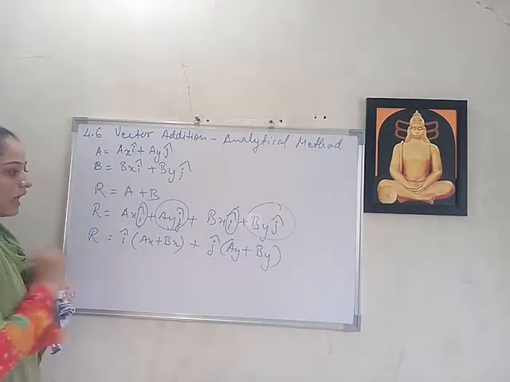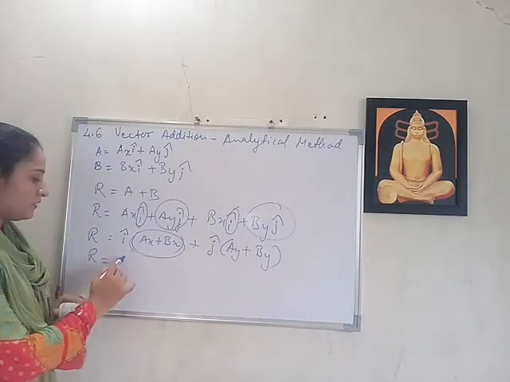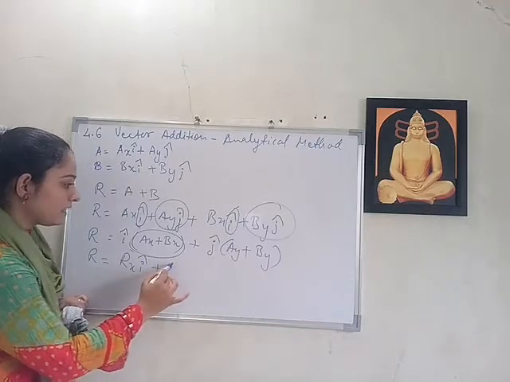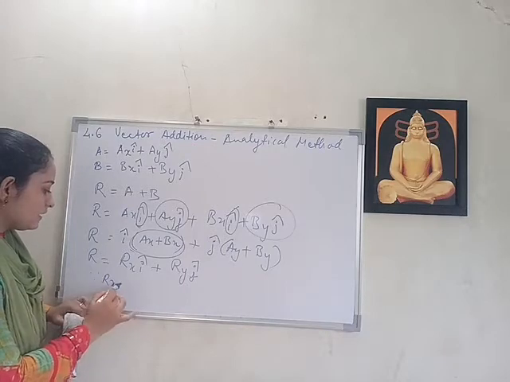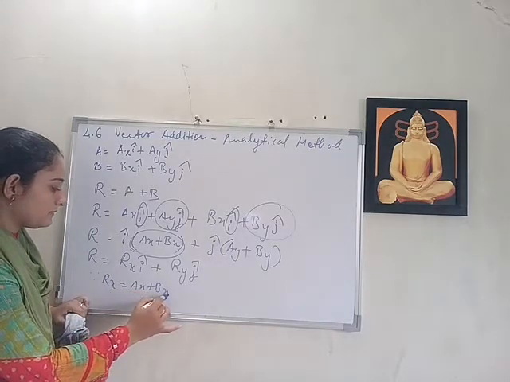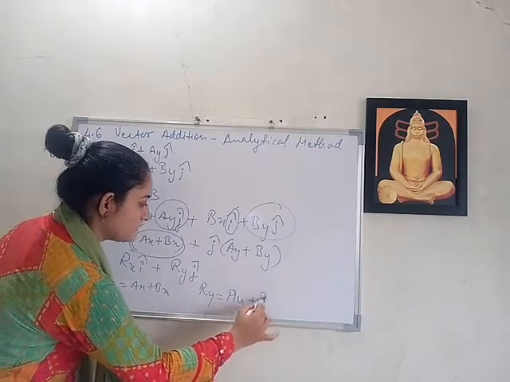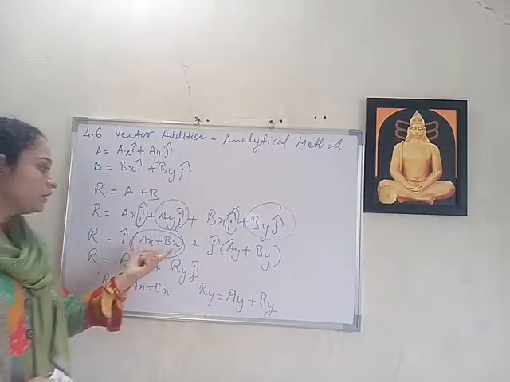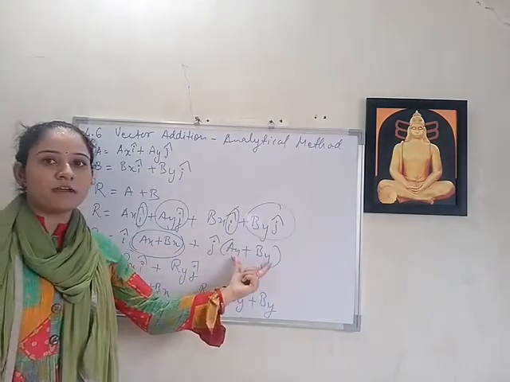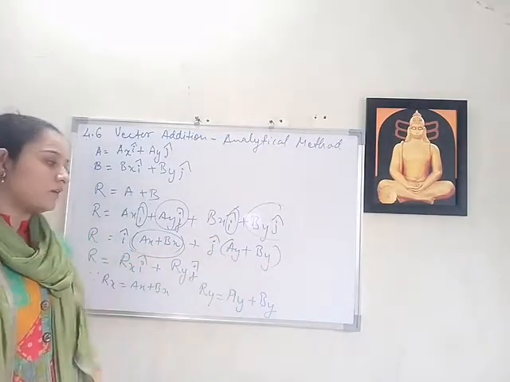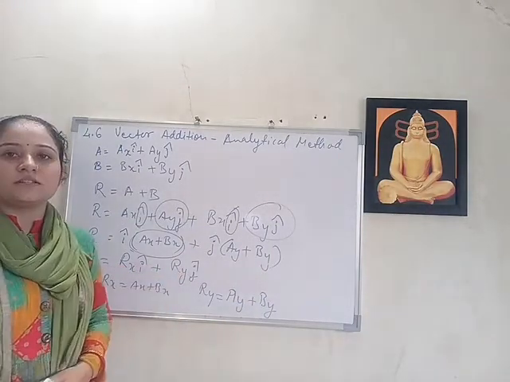So the resultant vector R equals Rx i plus Ry j, where Rx equals Ax plus Bx and Ry equals Ay plus By. So we got 2 components i and j, the x component and the y component.